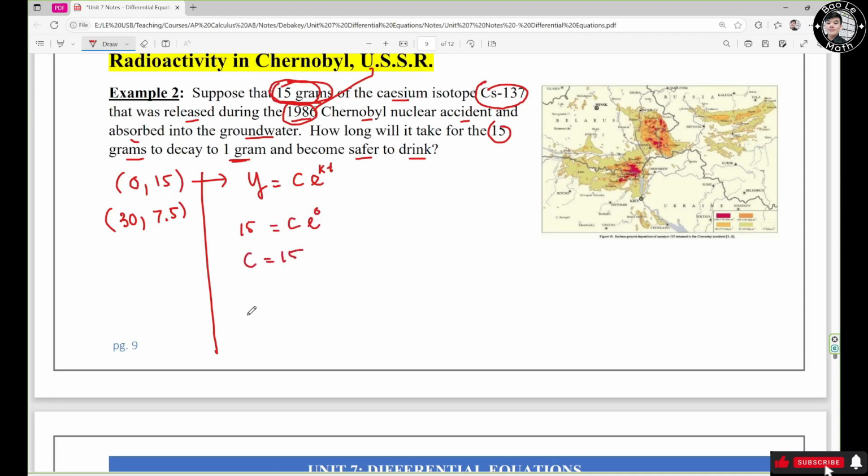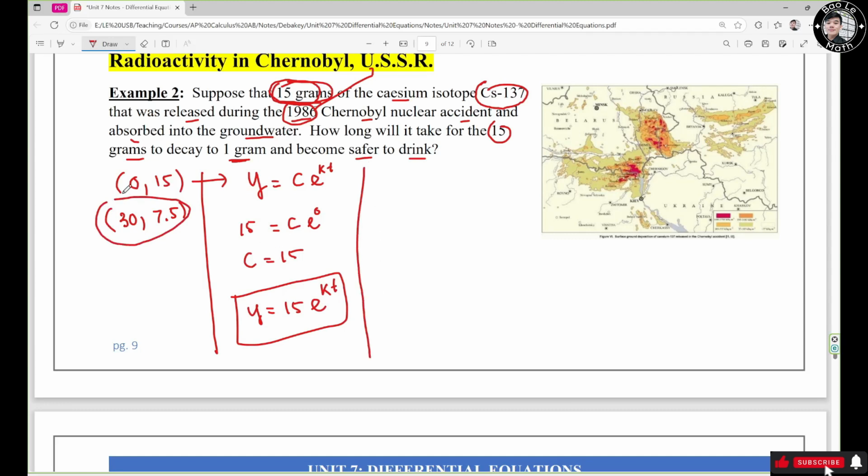So you have the equation y equals 15 times e raised to the k times t. Now I need to use this ordered pair right here to solve for k, so I substitute it over here. So I have 7.5 equals 15 times e raised to the 30k.